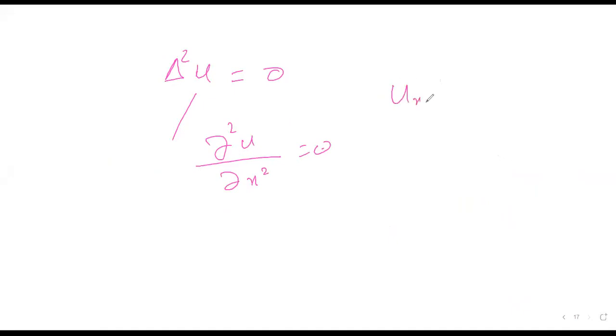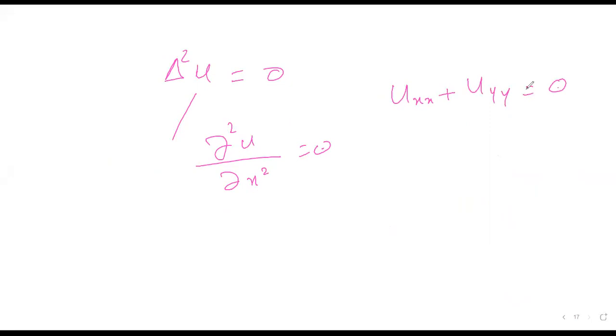Laplace equation, you remember this one, no? Delta squared u is equal to 0 is our Laplace equation. If I am only considering a one-dimensional case, it will be d squared u by dx squared equal to 0. Sometimes they may ask you to find a two-dimensional case, like u_xx plus u_yy equal to 0.